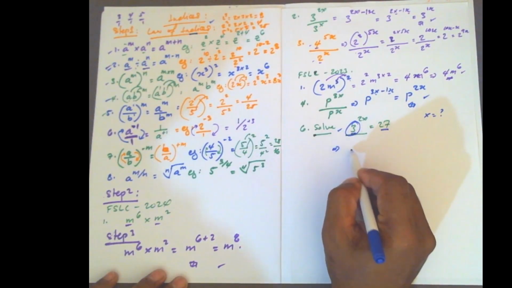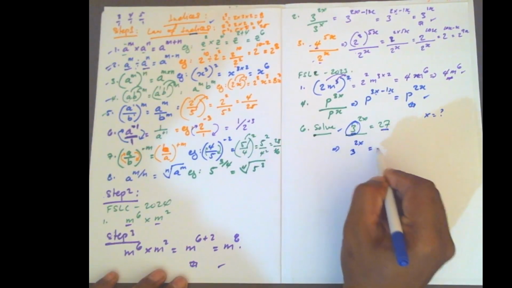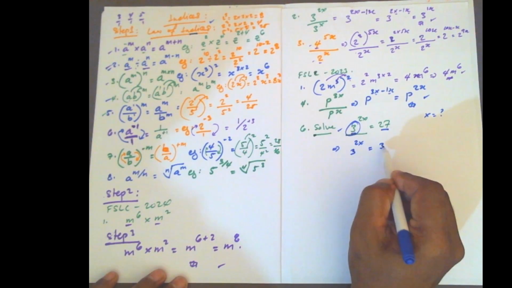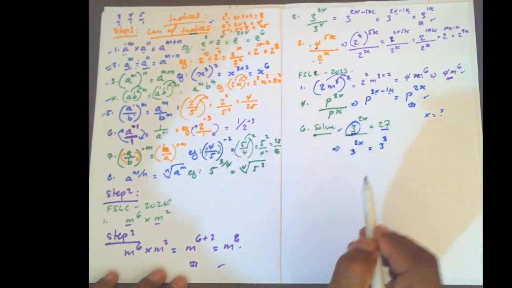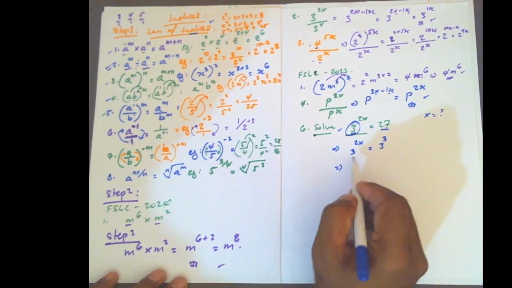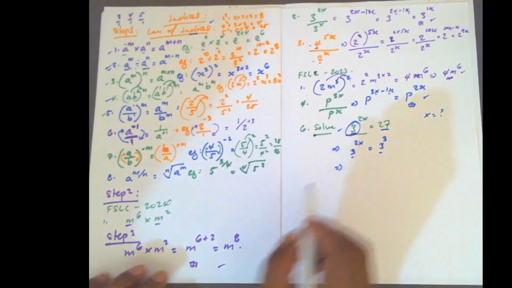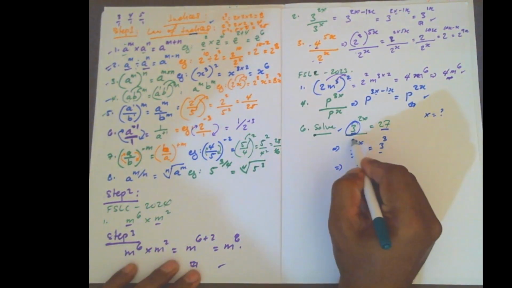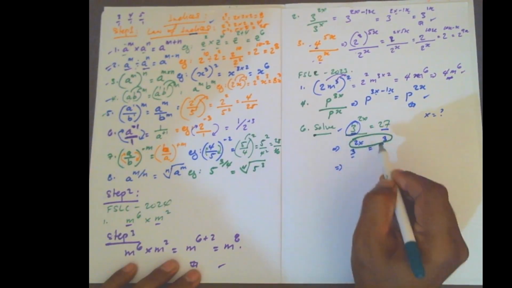Now let's have a look at the indices approach. So this is 3 to the power of 2x equals, I know that 3 times 3 is 9, and 9 times 3 is 27, so this is 3 to the power of 3. Since they have the same base, I can consider the powers.